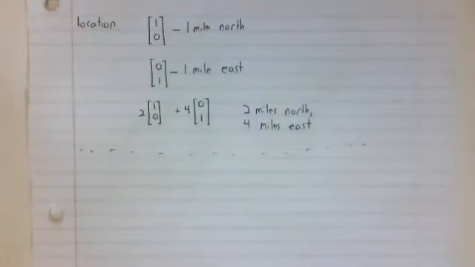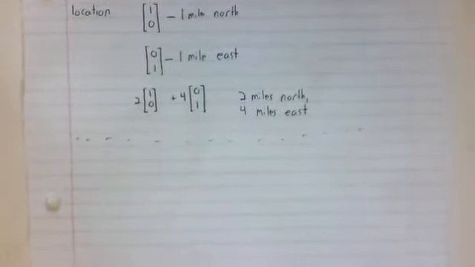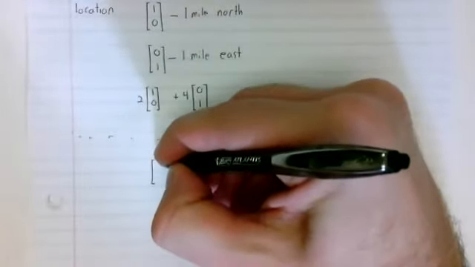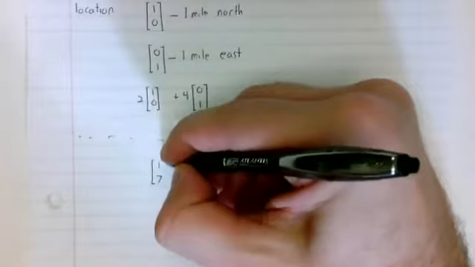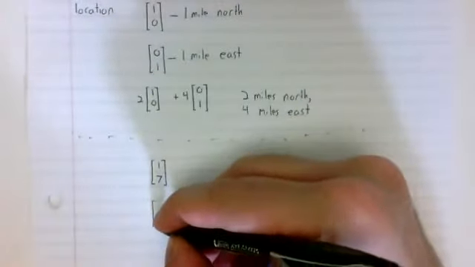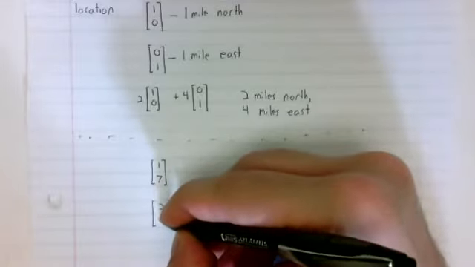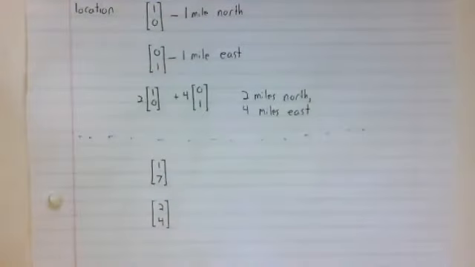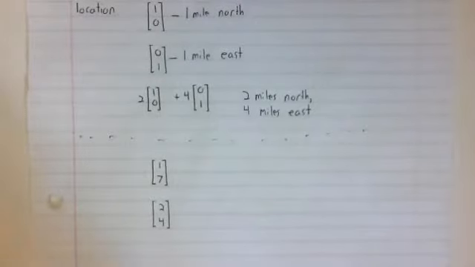Now suppose we have another basis of R2, say (1, 7) and (2, 4). Well, now our basis vectors are mixing information.